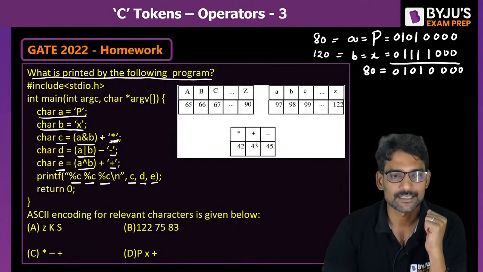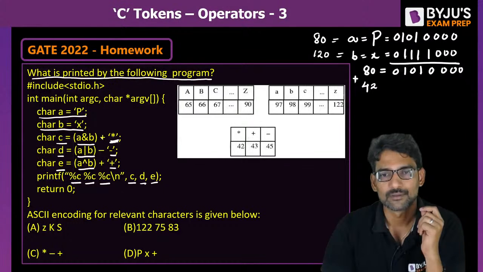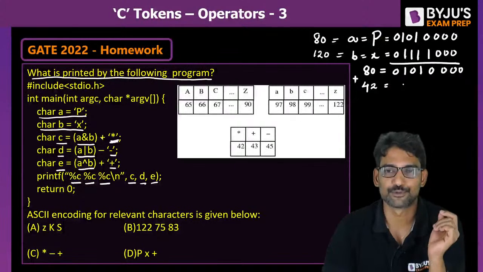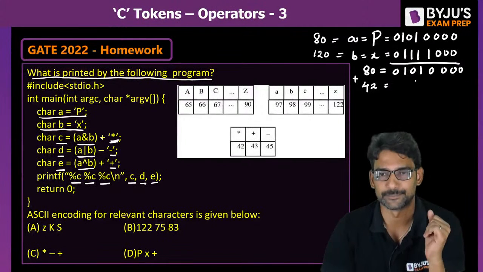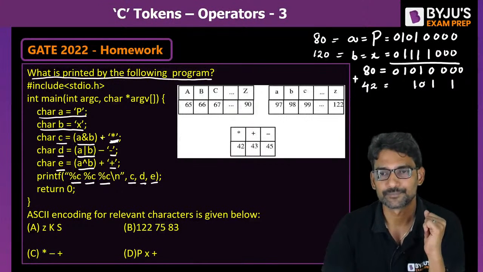Plus star. Star ASCII value is given as 42. So, do plus. It is not 122, you can't say like that. In bitwise you have to do it. So, convert 42 into binary: 32 plus 10. Right? So, this is 42.